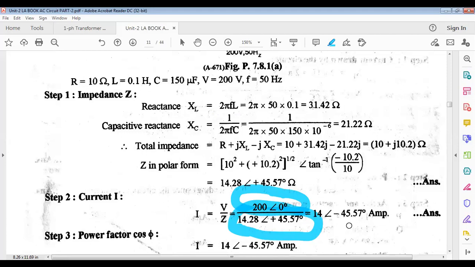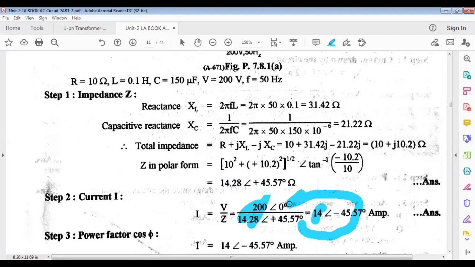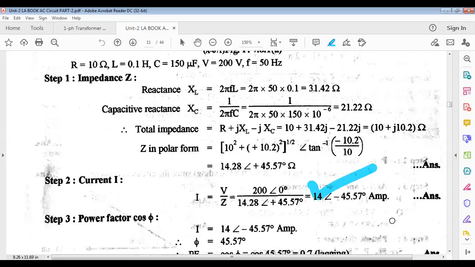You divide the magnitudes, so you will get 14, and the angle you shift from denominator to numerator, so its sign will change. So you get a negative angle for current.